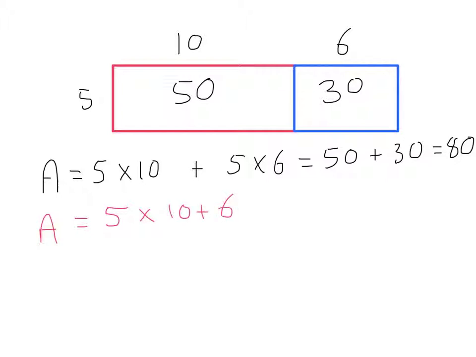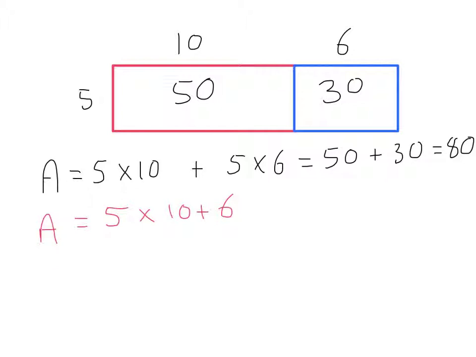But because of BIDMAS, if we were to just evaluate this now, we would have to do the multiplication before the addition. So we'd have to work out 5 times 10, which is 50, and then add 6 to it, which is 56. But the area is supposed to be 80. So something's gone wrong here.